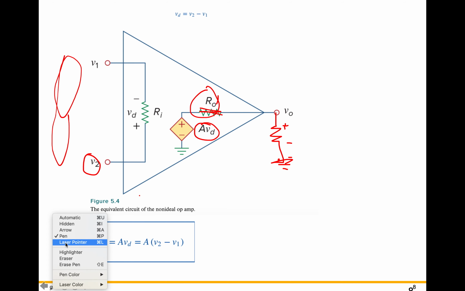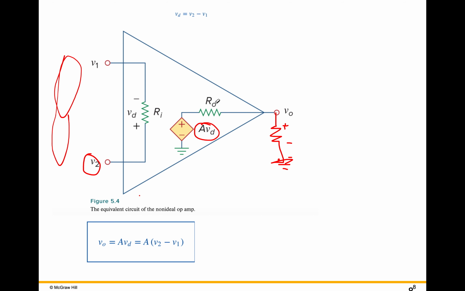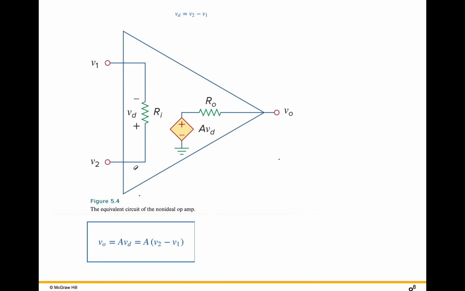Let me erase again. Kind of give you a feeling for what that looks like, because if you've never heard the word feedback or seen it used before, you don't have a feeling for this. So what feedback means is that you've got some kind of connection going from the output, and then a lot of times you have some kind of circuit in here.